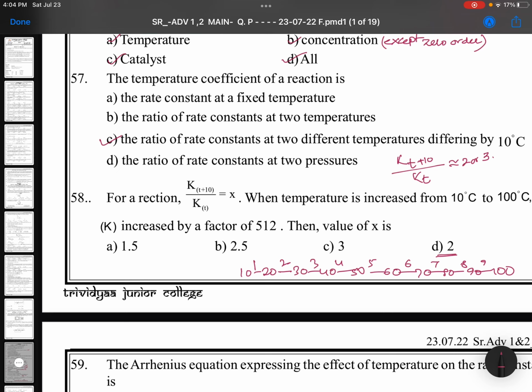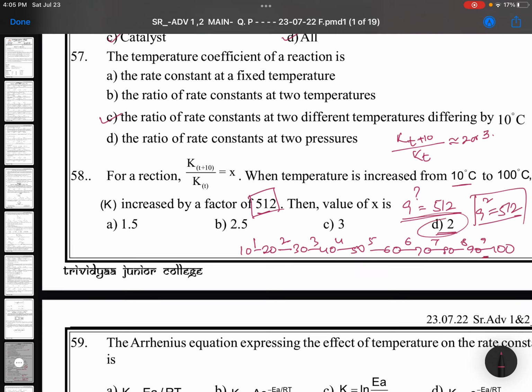When you increase 9 times by 10 degrees Celsius, the rate constant increased by 512. So what we need to think is 9 times and 512 is there. 512 will be the power of how much? That is 2 to the power of 9 is equal to 512.